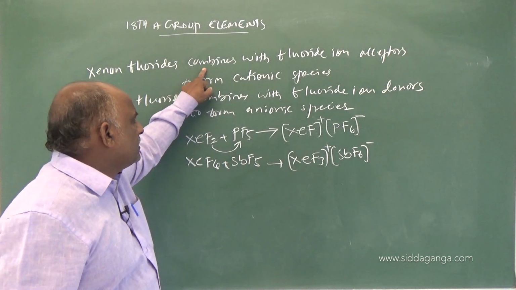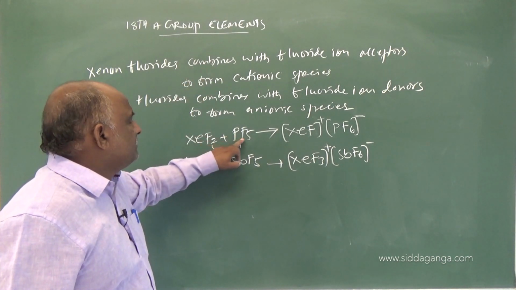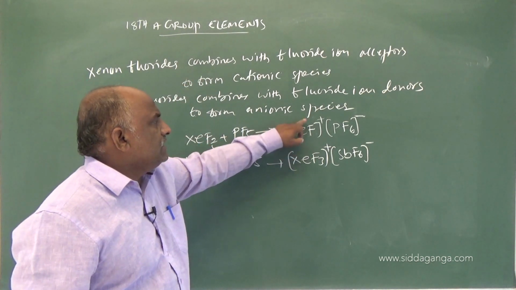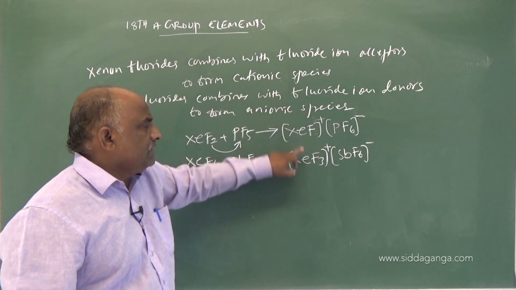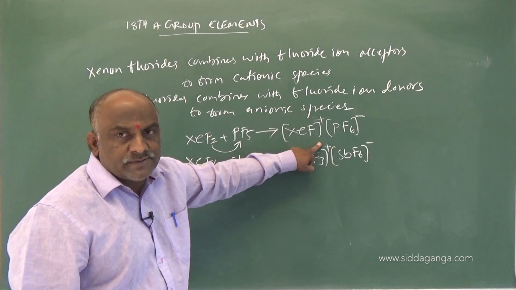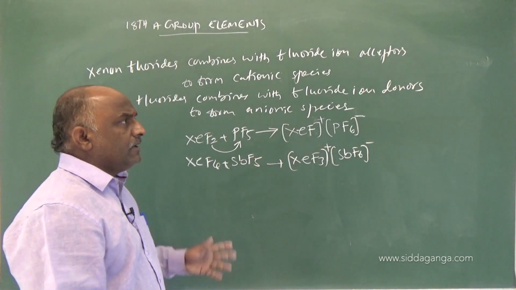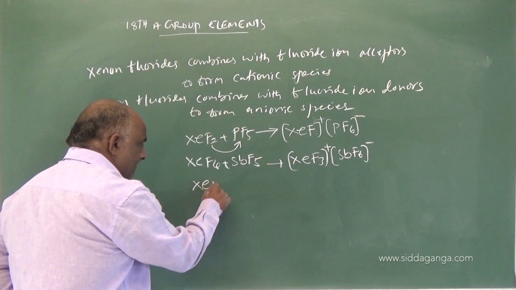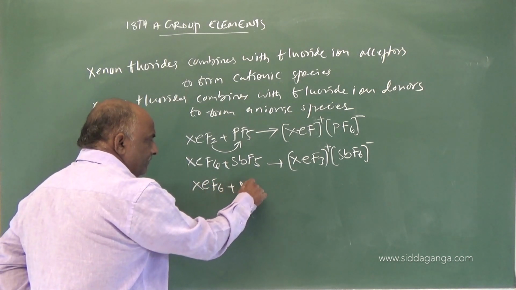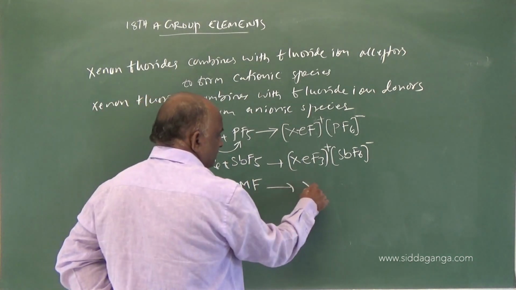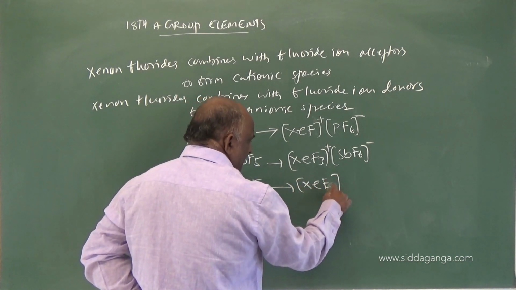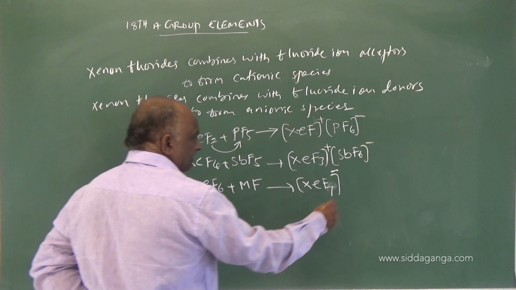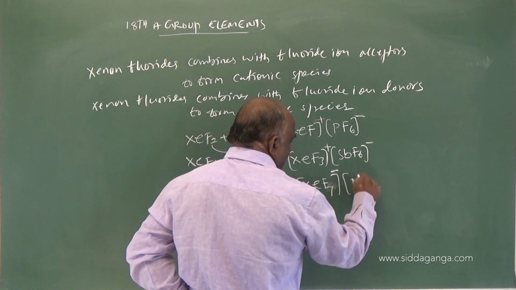These two reactions are evidence for the first statement. XeF2 plus PF5 gives rise to XeF plus, a cationic species. XeF4 plus SbF5 gives XeF3 plus, a cationic species. Suppose XeF6 plus MF gives rise to XeF7 minus and M plus.